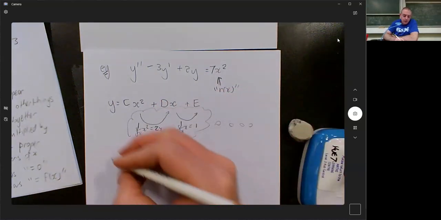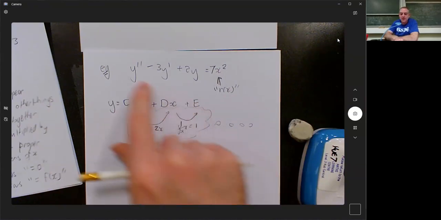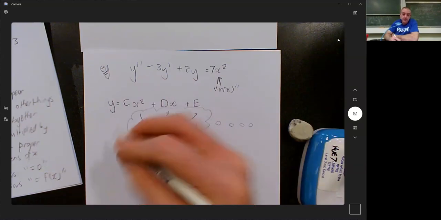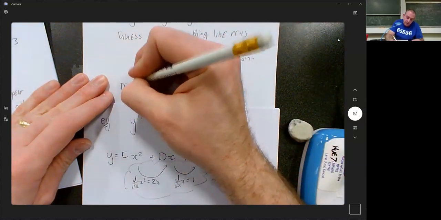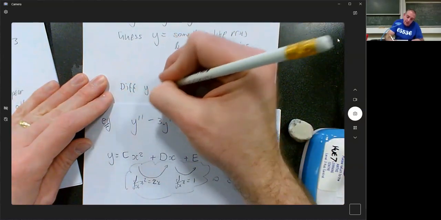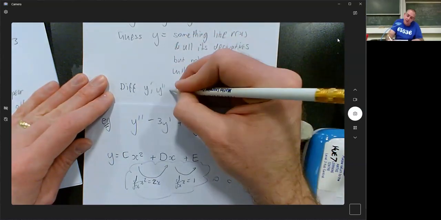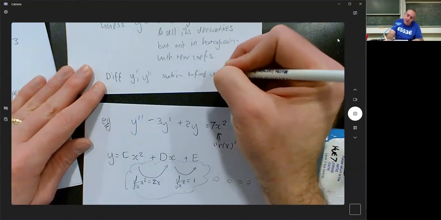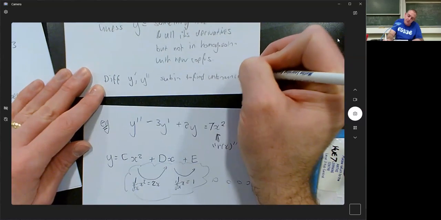And so we will go, cool. We're going to have to differentiate this and sub it in here and see if it works. So that's the next step here: differentiate to get y, y dashed and y double dashed, and sub in to find the unknown coefficients.